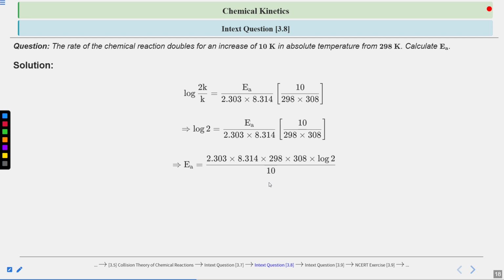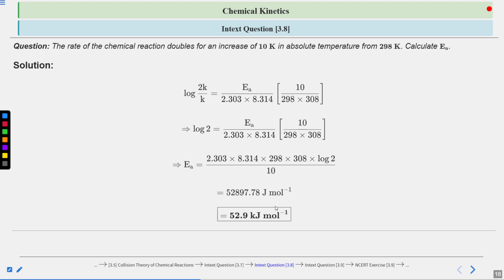Now you have to solve this fraction. So it will be 52,897.78 joule per mole. This is the value of EA, the activation energy, and that is what we had to calculate.